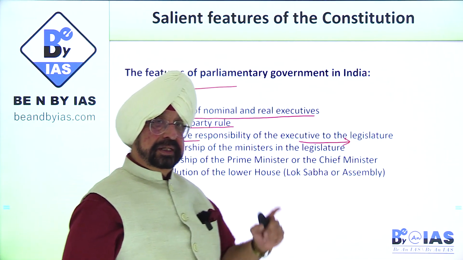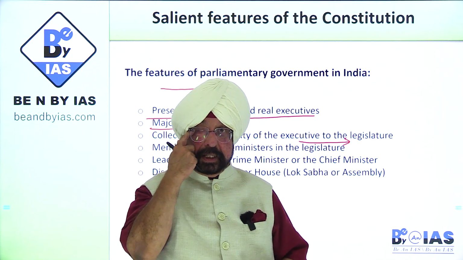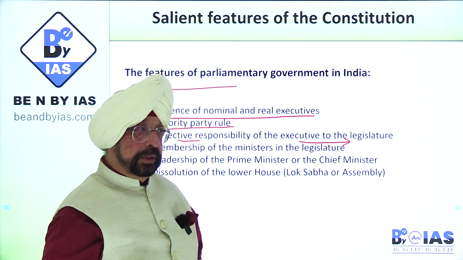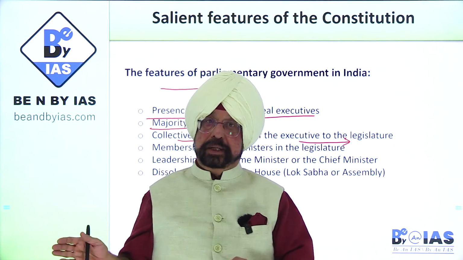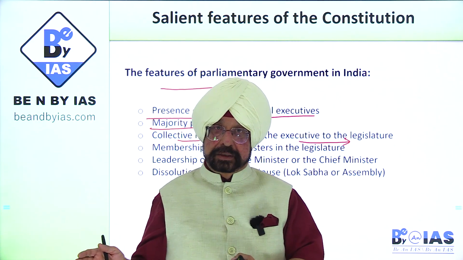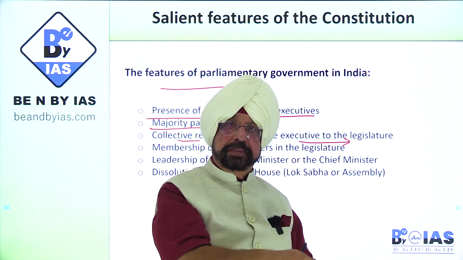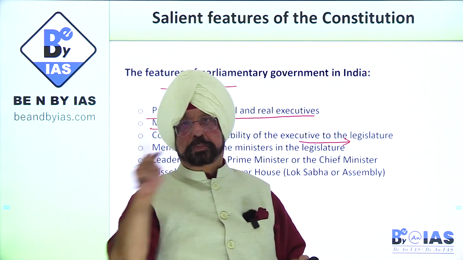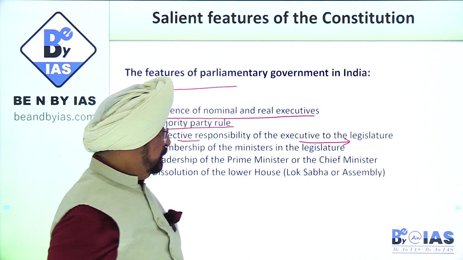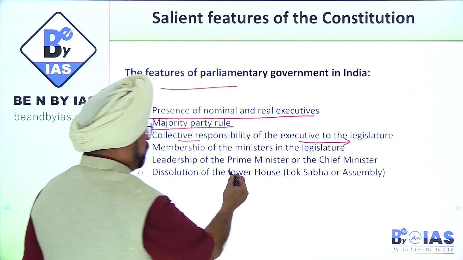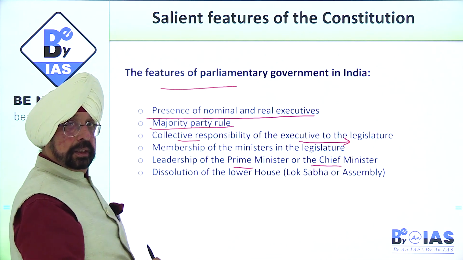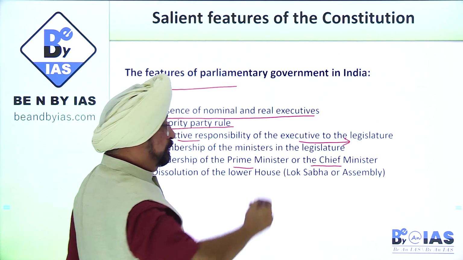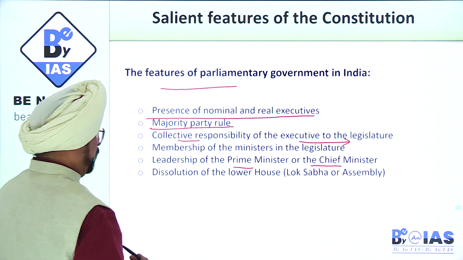Why? Because the legislature makes the laws and the executive has to implement them. Legislature are the lawmakers, so those who implement the law have to be responsible to the lawmakers. Then leadership of the Prime Minister or the Chief Minister, Prime Minister for the Parliament and Chief Minister for the state legislature in the states.